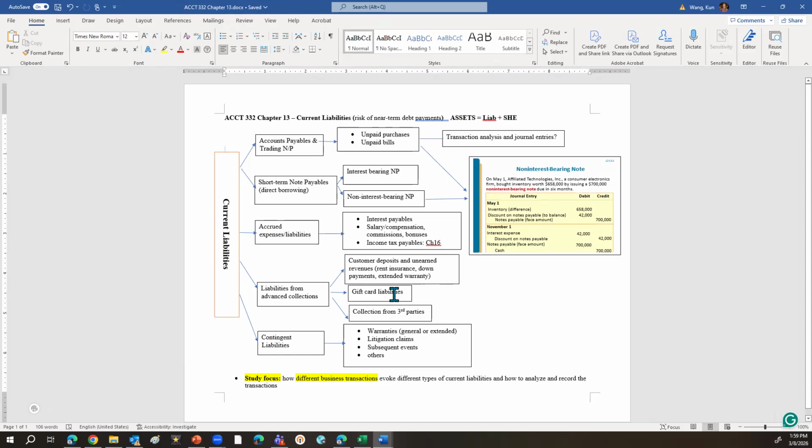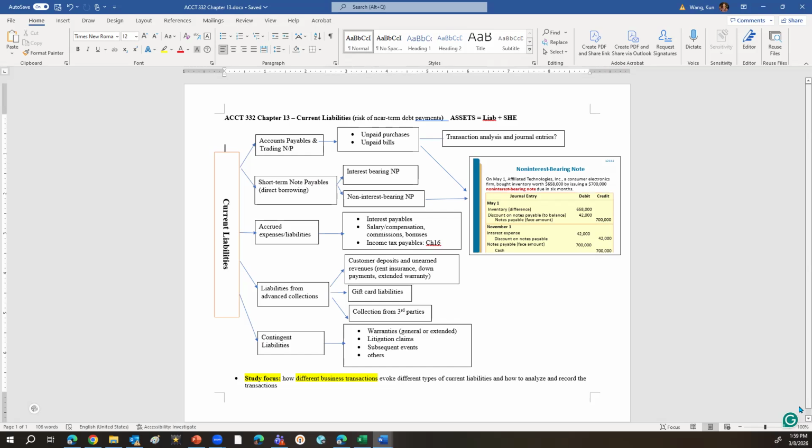A newer situation is gift card sales. When you sell gift cards to customers, we have all, I think, purchased or received a gift card from a consumer perspective. But if you are the company selling the gift card, it's not a revenue yet.